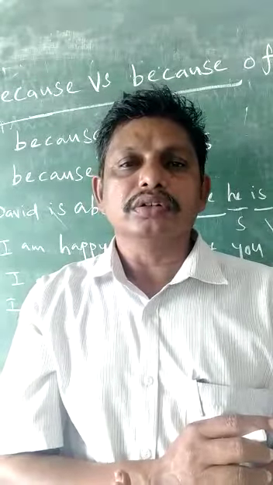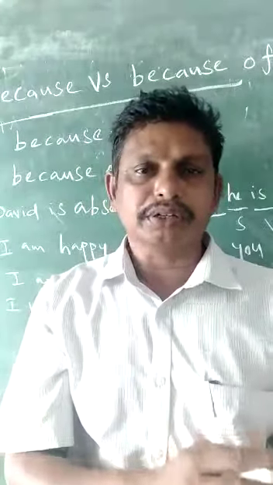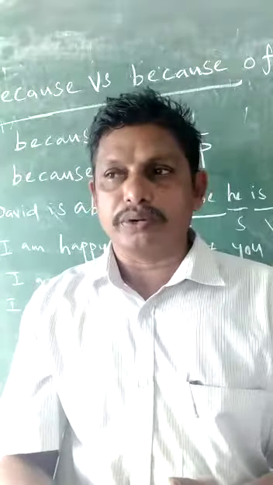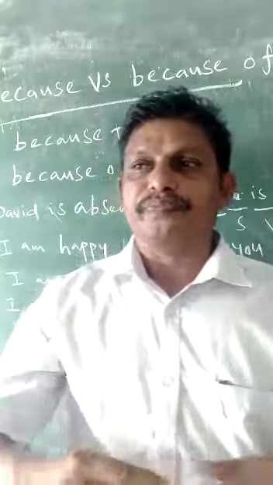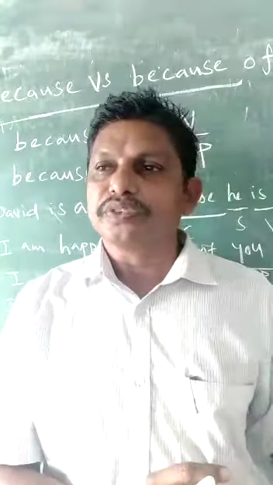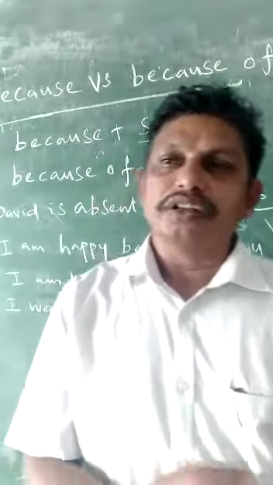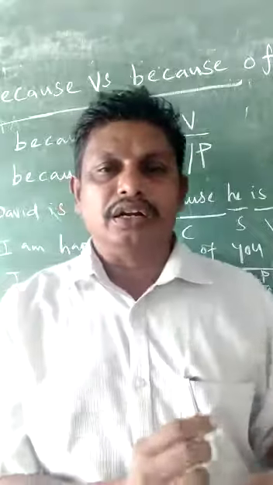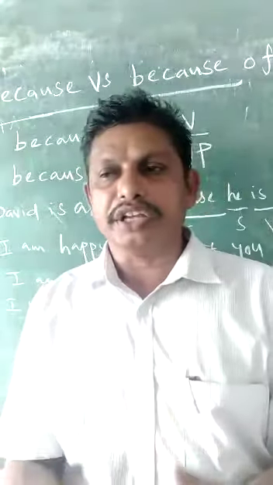This alone can differentiate between because and because of. Because of is followed by a noun or pronoun. If we know this basic difference, we can easily use it, and it is given in all the classes. In your English textbook, you can find this under language checkpoint or in error spotting.